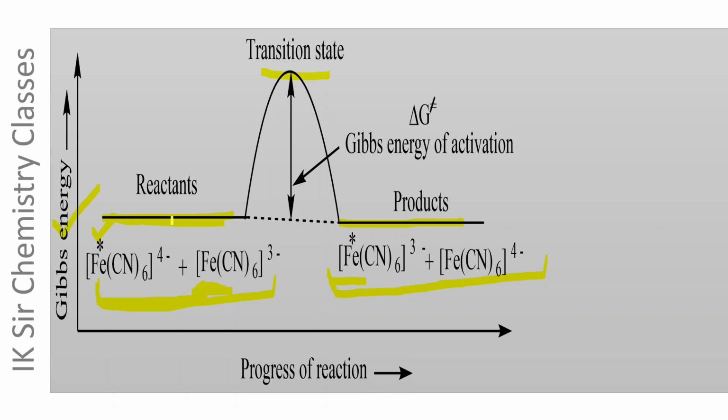There is no change in Gibbs energy during electron transfer reaction. Despite this, the reaction, which follows outer sphere mechanism, involves some significant Gibbs energy of activation, which is denoted by delta G‡.